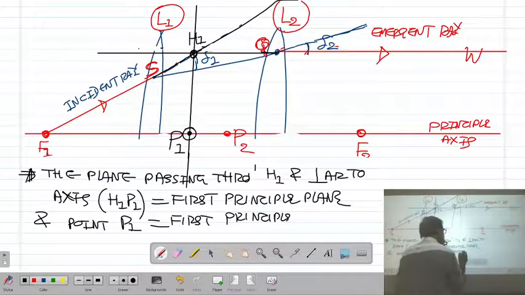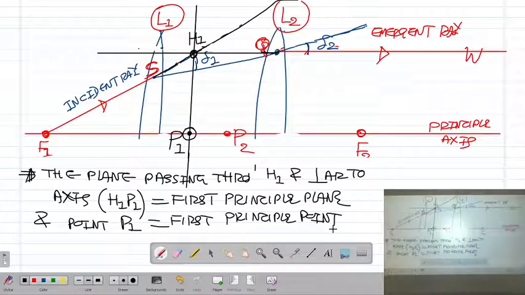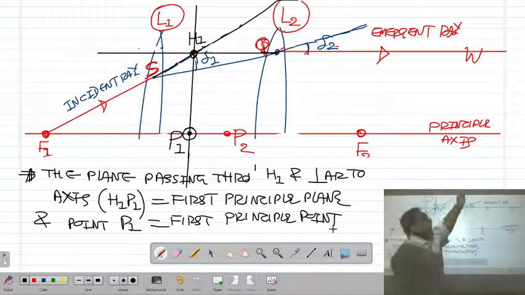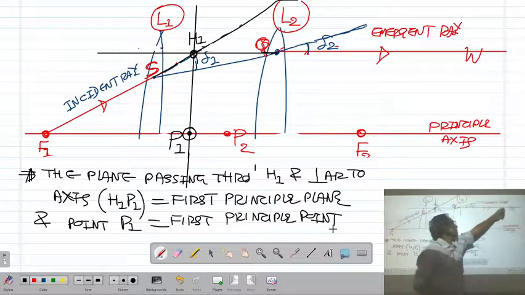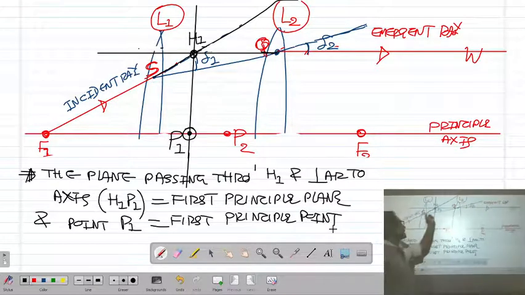So if the incident ray F1S is extended in the forward direction and the emergent ray is extended in the backward direction, both rays meet at point H1.